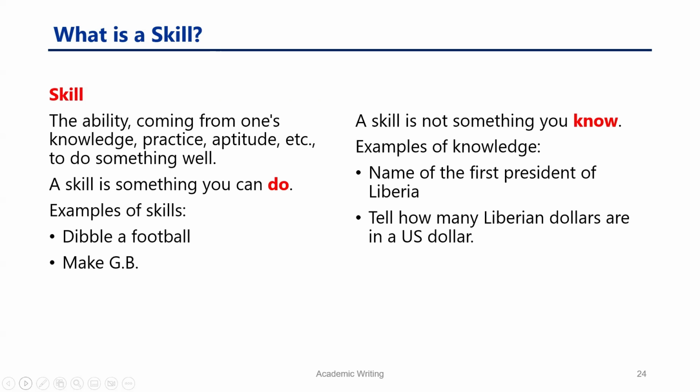Two examples of skills are dribbling a football and making GB. This is important. A skill is not something that you know. Examples of knowledge are being able to name the first president of Liberia or tell how many Liberian dollars there are in a US dollar.